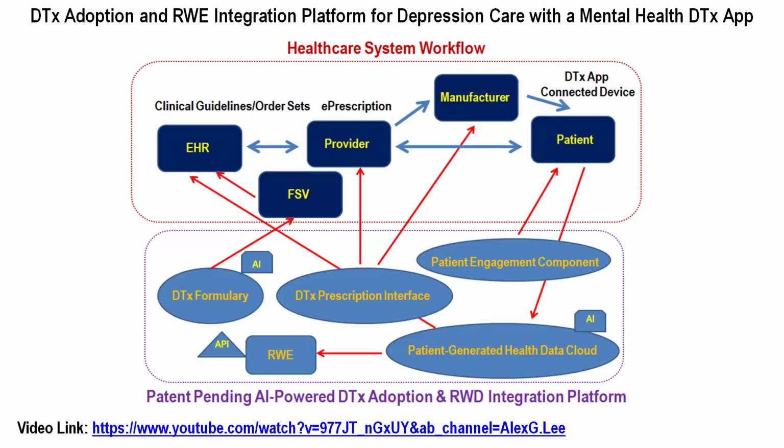As you know, CMS recently determined a CMS code for reimbursement. So mental health DTX is good to include in this traditional healthcare system because it is ready to go and can be reimbursed.